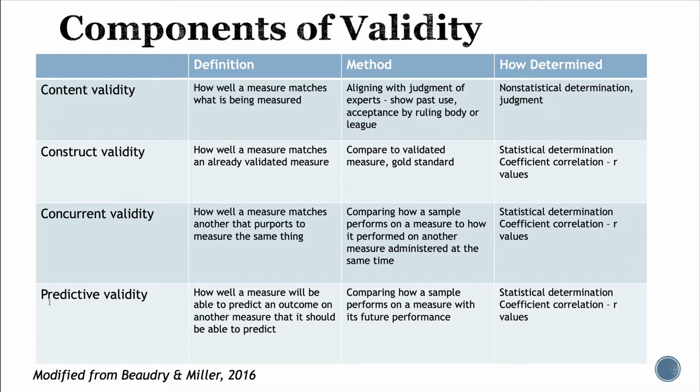We can see that people with bigger feet generally are taller, and therefore there's a fairly significant correlation between those two values, which means there's a predictive validity between measuring foot length and height of an individual. Those are just different types of validity that you'll see mentioned in the literature.